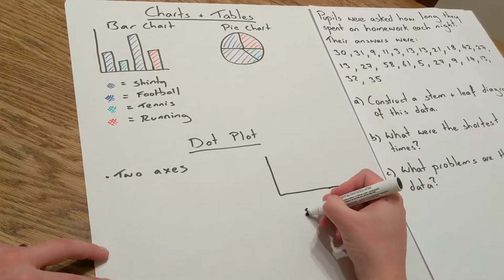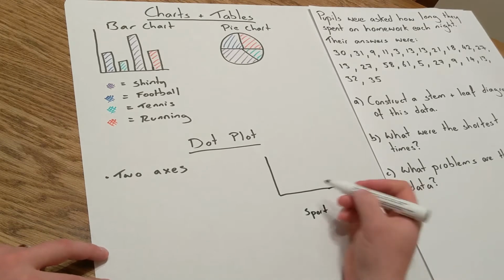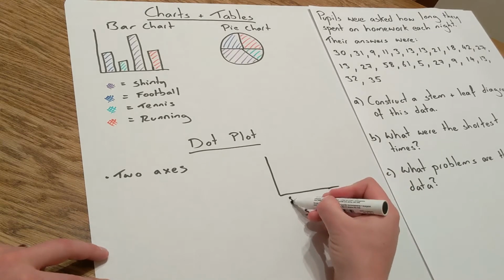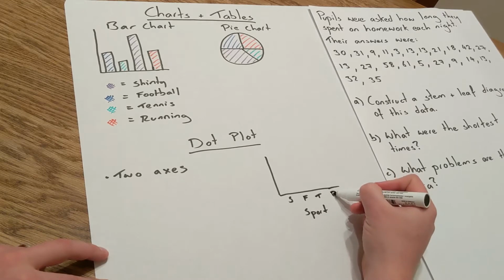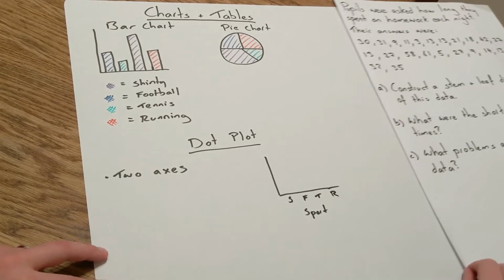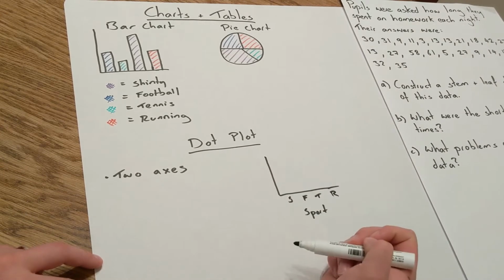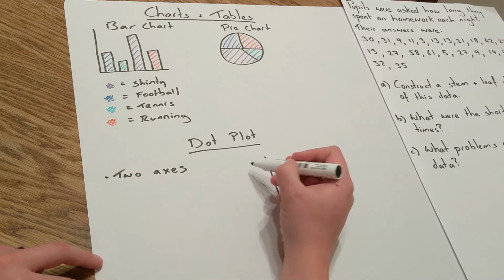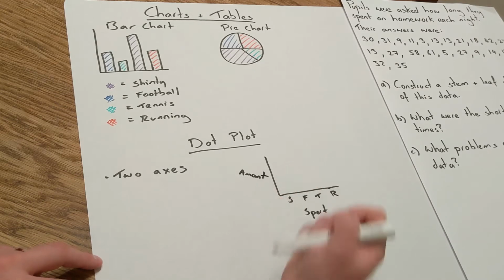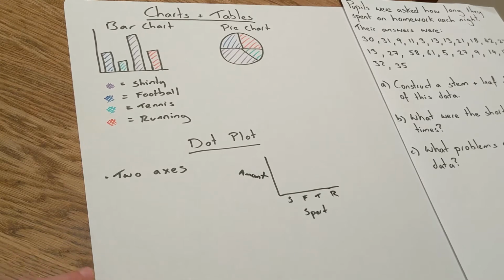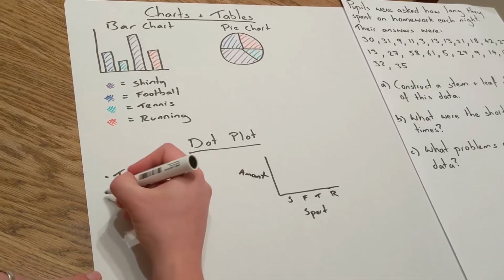If we labelled this one sport, we'd put an S there for shinty, an F for football, a T for tennis, and an R for running. And then up this side you're going to have the amount. So let's just write amount there. You can't read that very clearly, but it's not too important for this. That says amount.